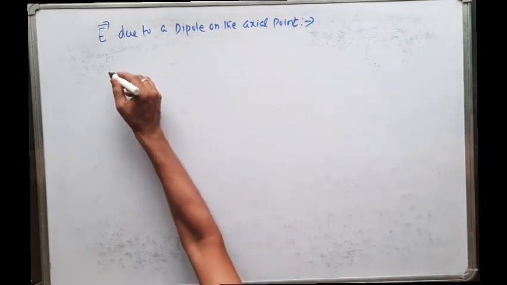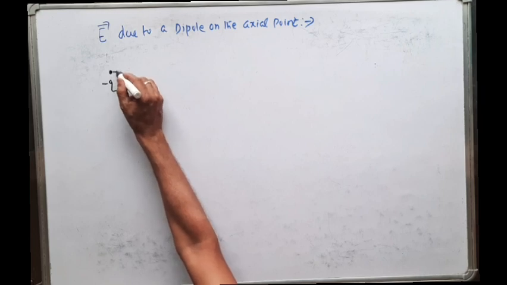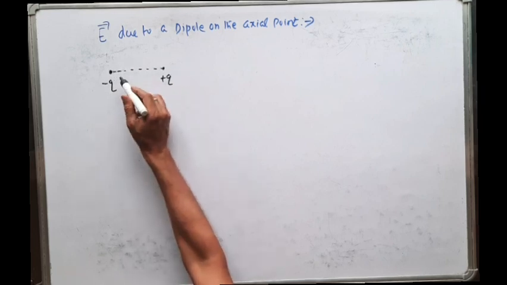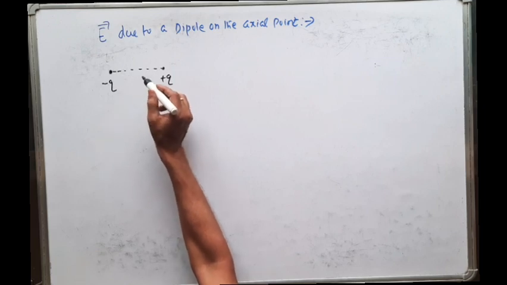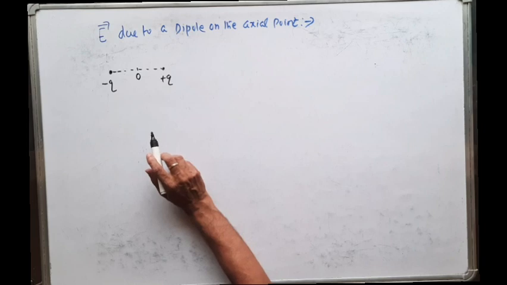Suppose this is your minus q, this is plus q, and this is the center of dipole, and the dipole distance is d.